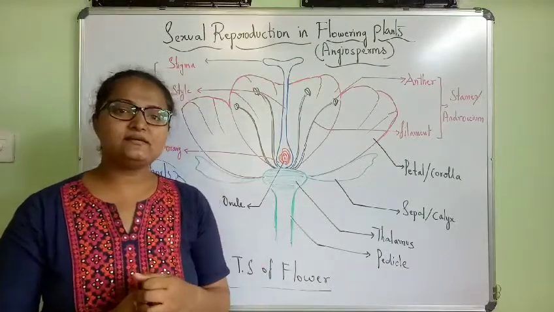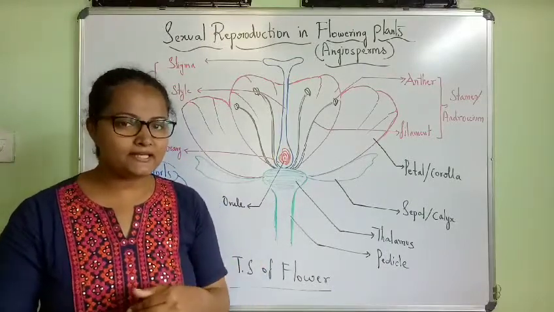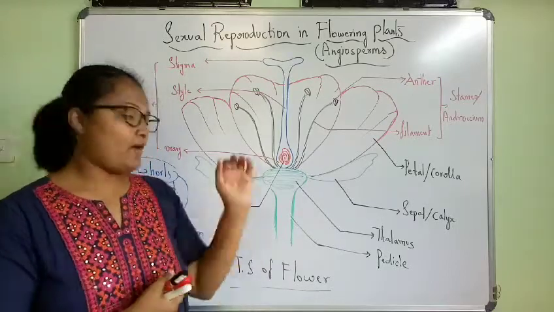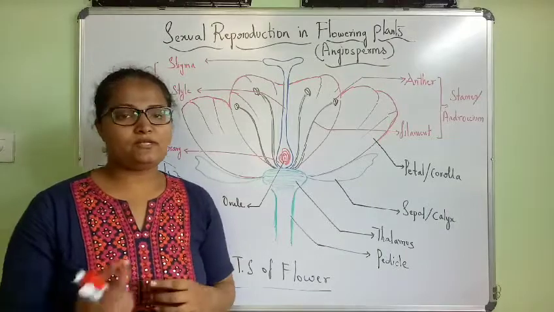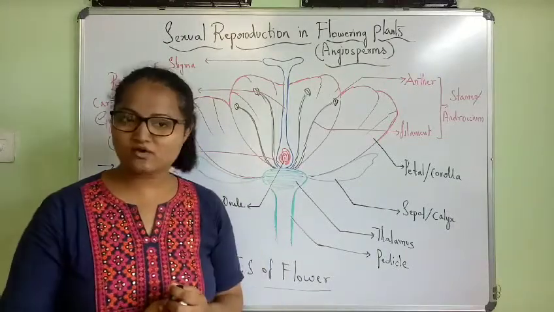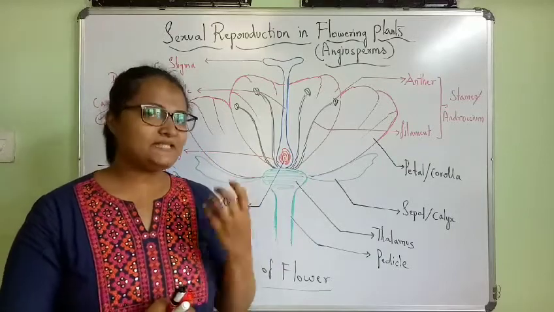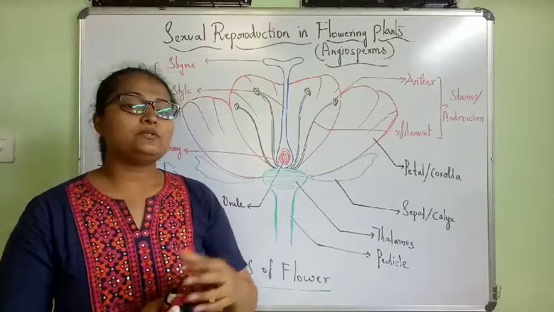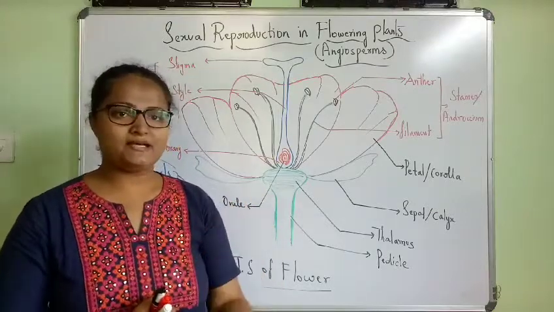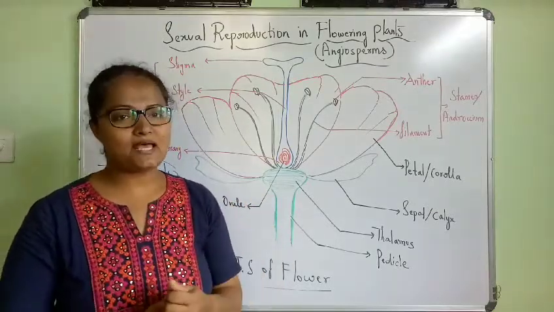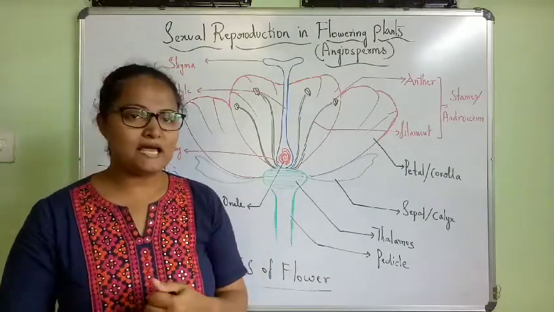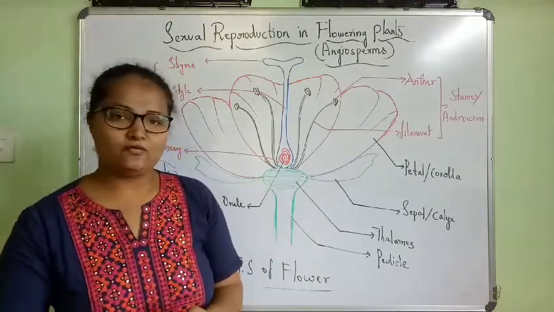They attract insects or any pollinating agent to undergo pollination. Why are they called essential and non-essential? It is because we are talking about sexual reproduction here. Within sexual reproduction, the reproducing parts are the gynoecium and androecium. Hence they are called essential whorls, and sepals and petals are called non-essential whorls.